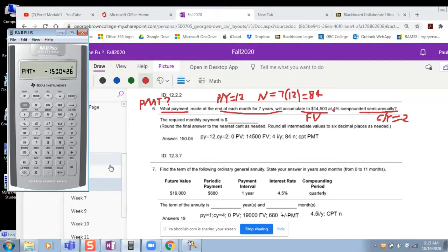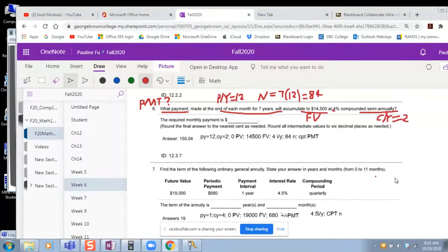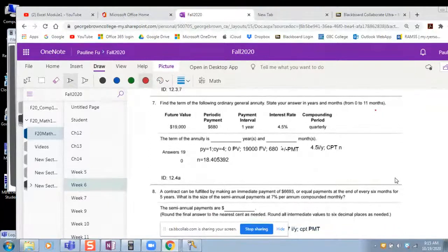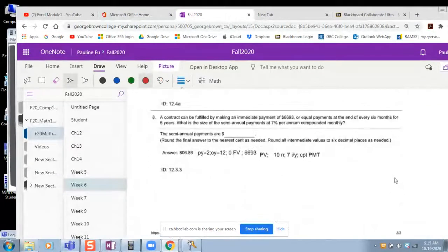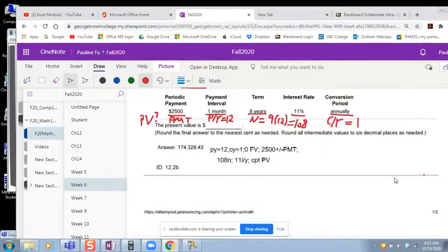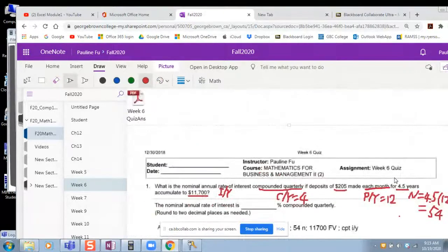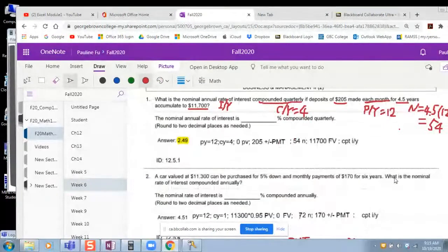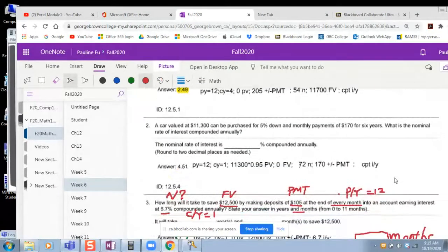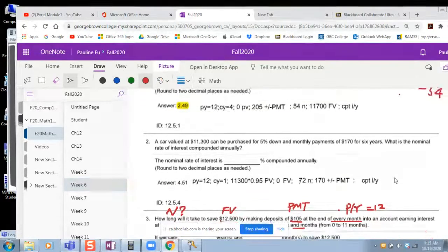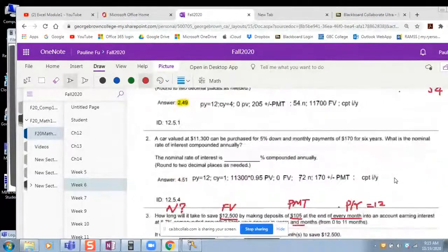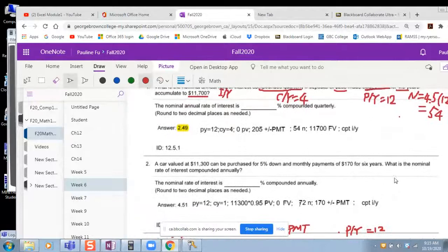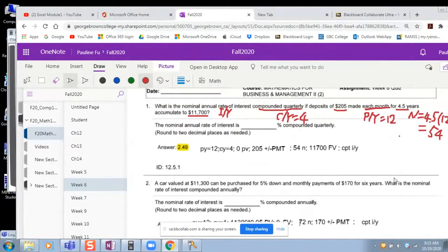So that is the calculation for PMT, section 3, chapter 12. Pretty much we did most questions in chapter 12. Remember, chapter 12 is about ordinary general annuities.